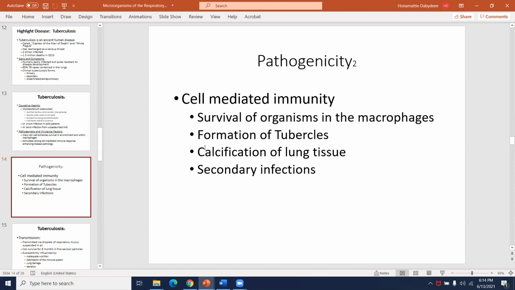And that eventually, when the white cells, the neutrophils, are starting to dissolve those tubercular structures, you end up with calcification of the lungs because they are kind of replacing good lung tissue with calcified tissue. And of course, the secondary infections we talked about that are a lot more dangerous than the primary infections.